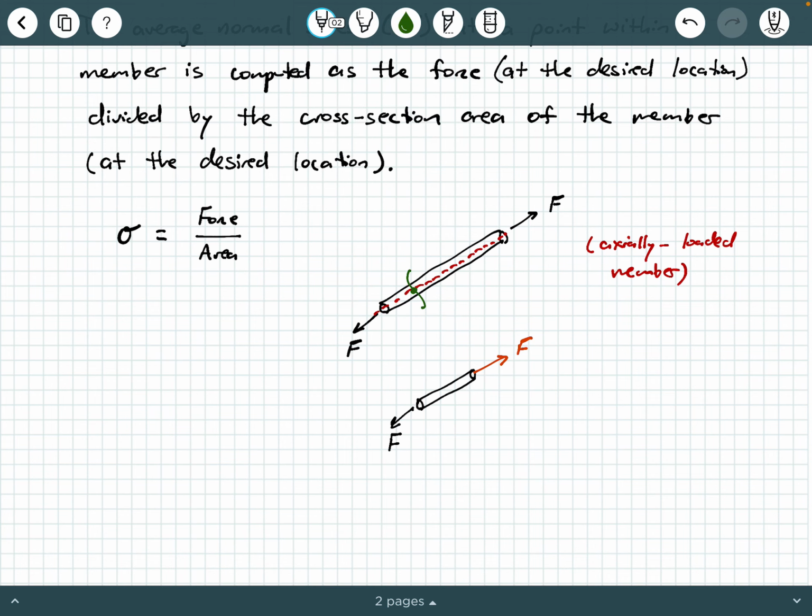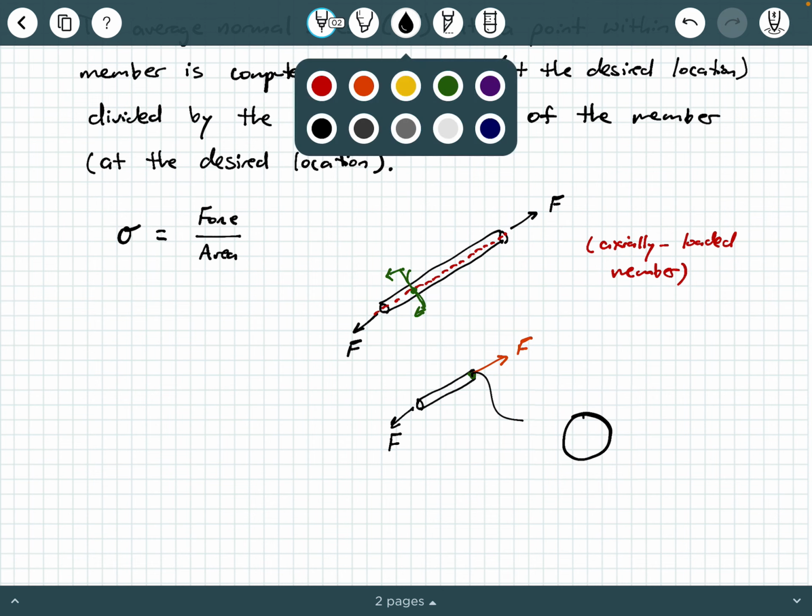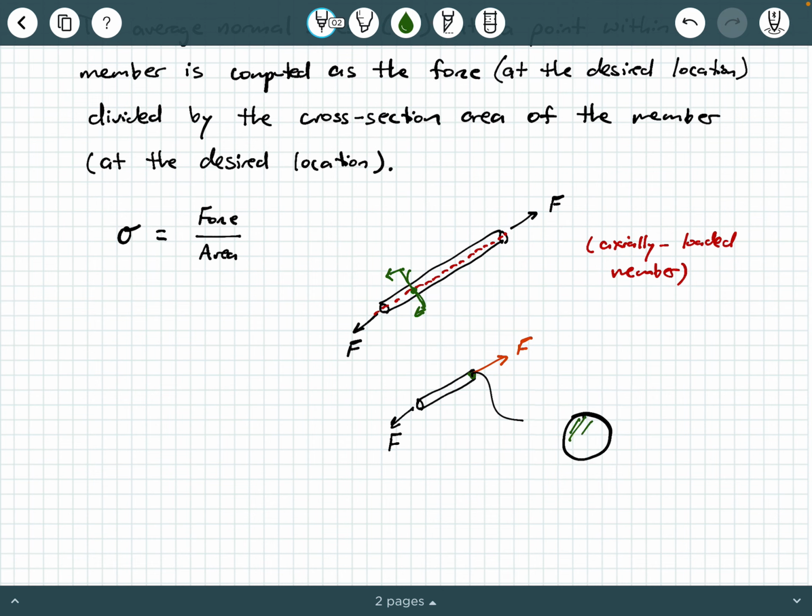And then you look at the cross-section area at that desired location. So what we're looking at now is what is the area inside of this member. In the figure I drew here, it's this little spot right here. If I expand that and draw it bigger, then we're looking at this cross-section area. Again, it's the area inside the member if you put a cut plane or a cut section through a particular point.